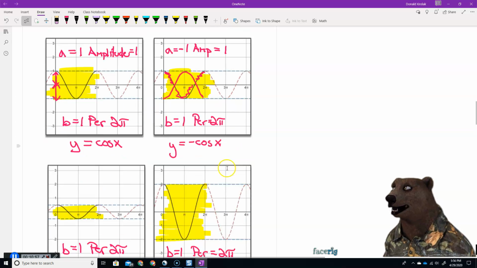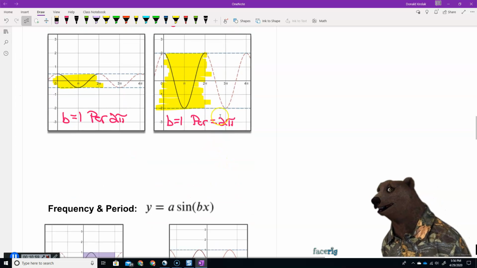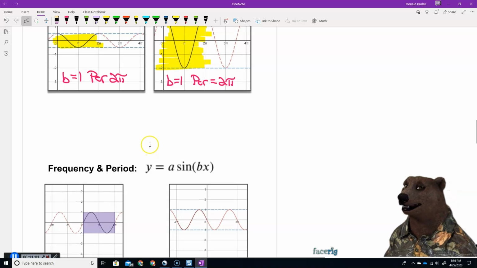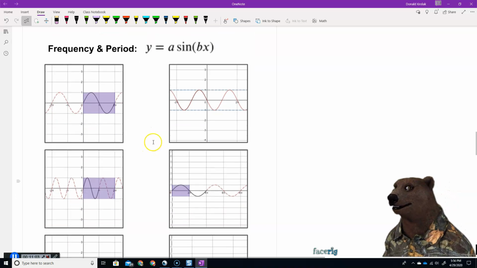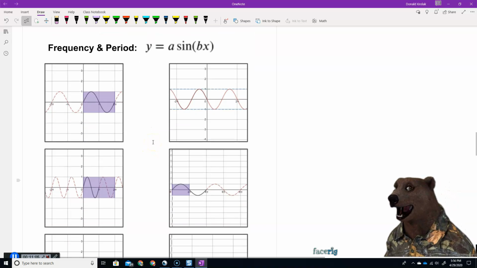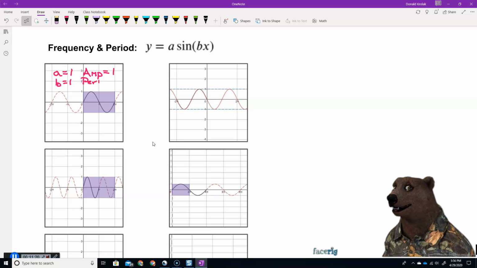Now, all of these examples so far have only dealt with the amplitude. So now let's take a look at when we start changing the frequency. Alrighty, so here's our normal graph. Okay, A is 1, so our amplitude is 1. B is 1, so our period is 2 pi.